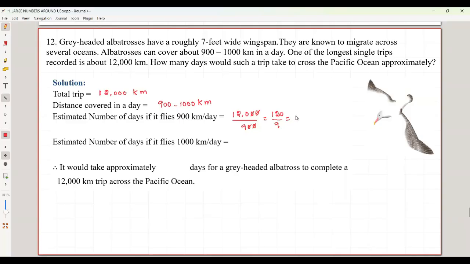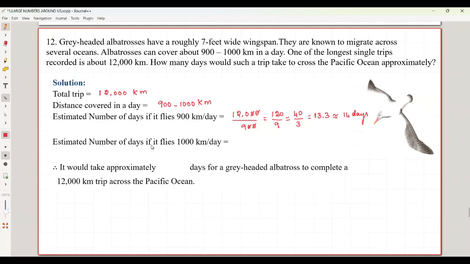Again, I can use the 3 table. 4 3s are 12, 3 3s are 9, balance 1, it becomes 10. 3 3s are 9, again balance 1, it becomes 10. So it's going to 13.33. Approximately I'm taking 14 days.